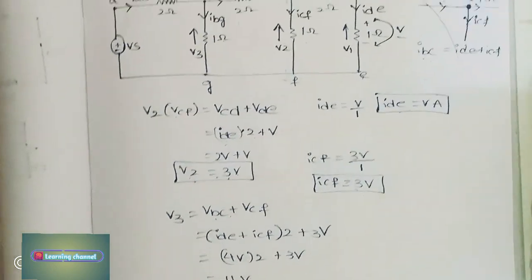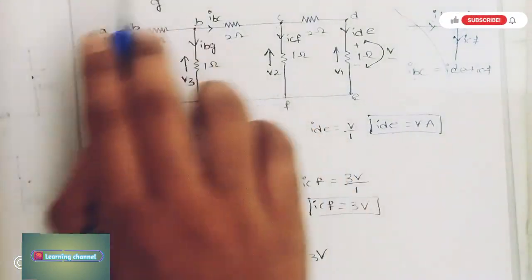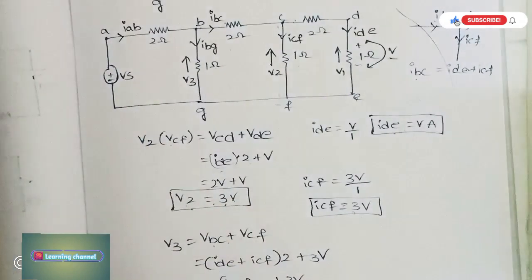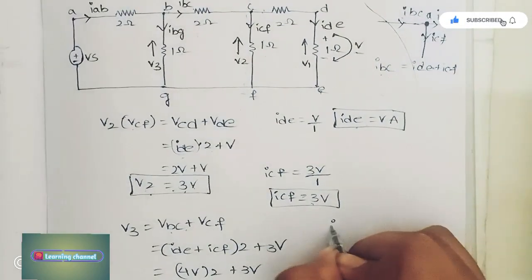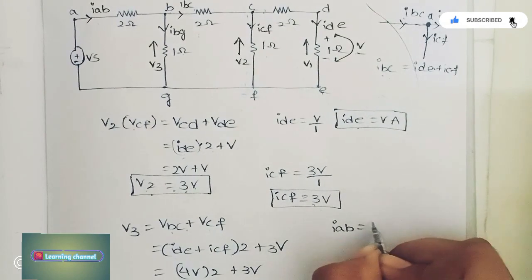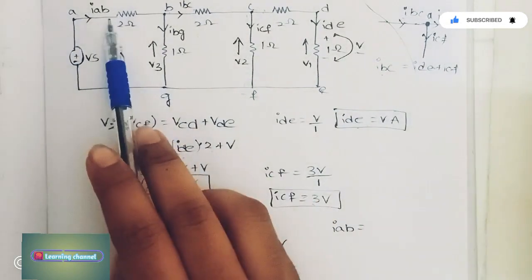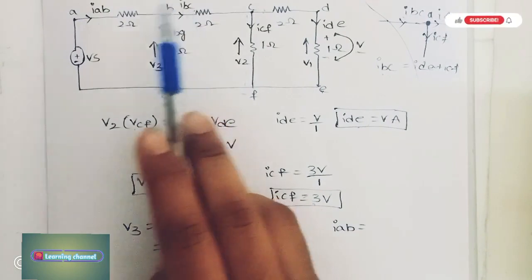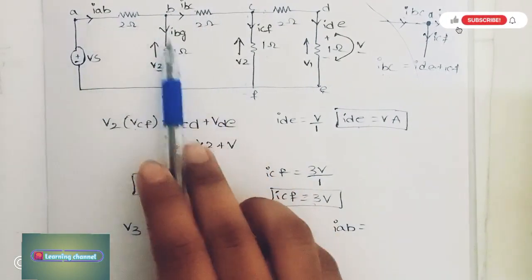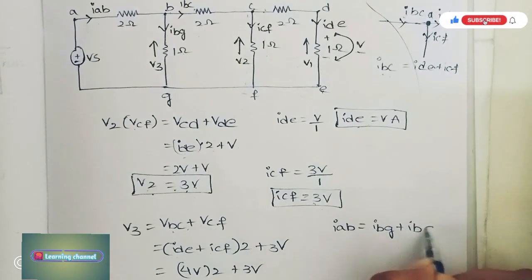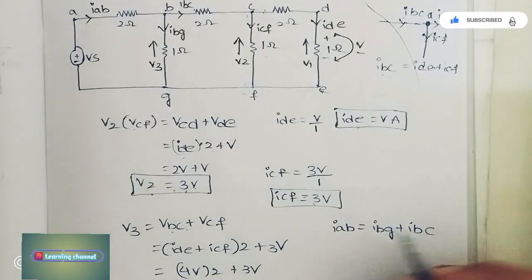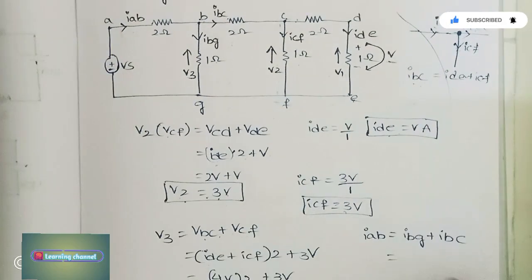So these two loops are completed. Now let us see this one in order to find the value of Vs. In the same way, IAB is equal to IBC plus IBC, which is nothing but KCL: the sum of currents at the junction leaving and entering are equal. What is the value of IBC?